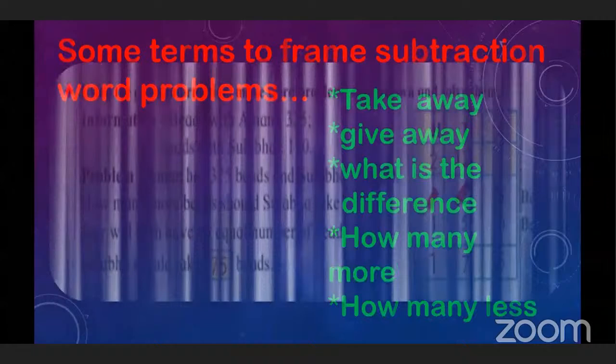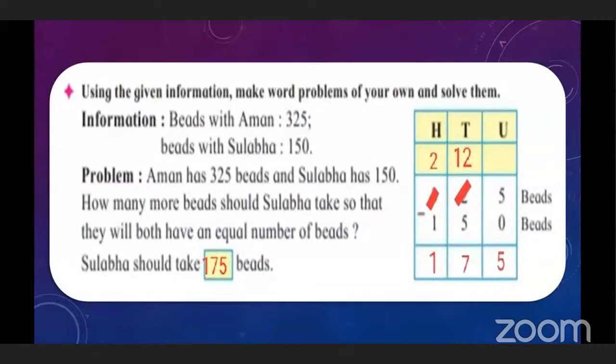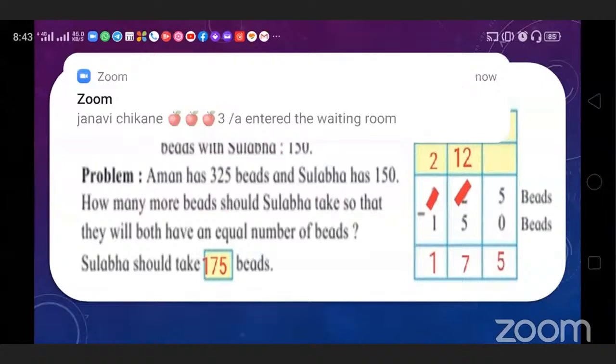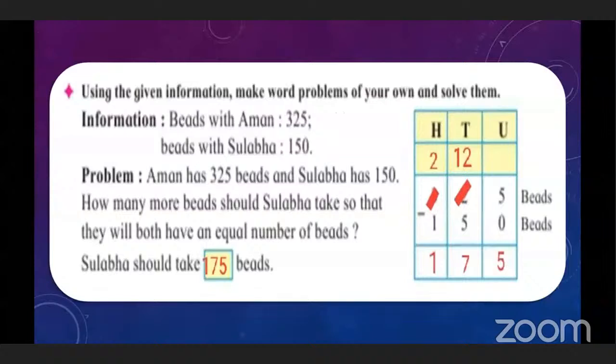This is one example from your textbook. Using the given information, make a word problem of your own and solve it. What is the information? Read it carefully. Bits with Aman is 325. Bits with Sulbha is 150. This information is given.